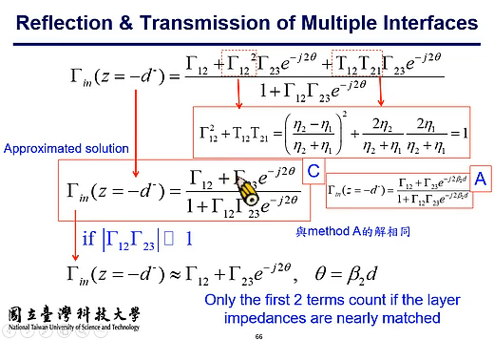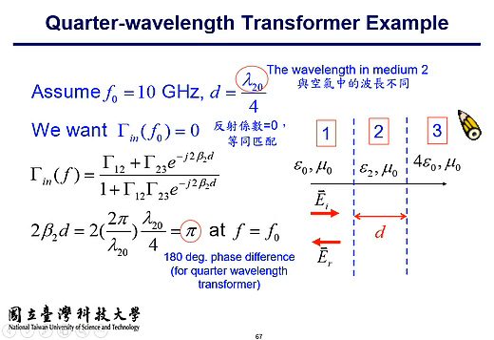So this is the analytical solution, if you carry out the sum of this infinite series. Here's some practice. According to the relationship, you can achieve 0 reflection, providing that the thickness D of median 2 is correct.